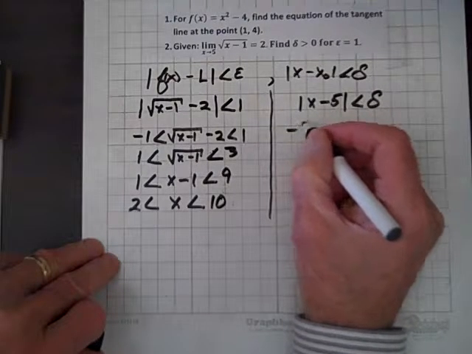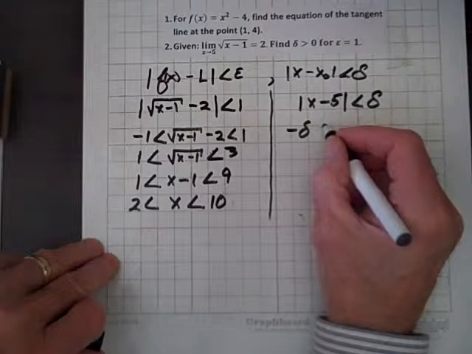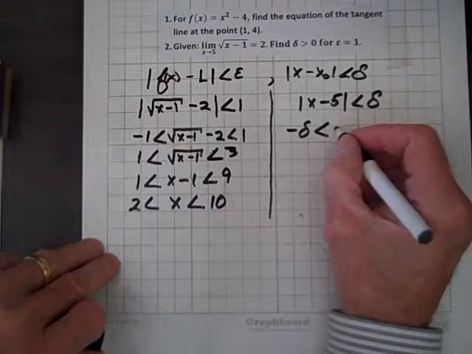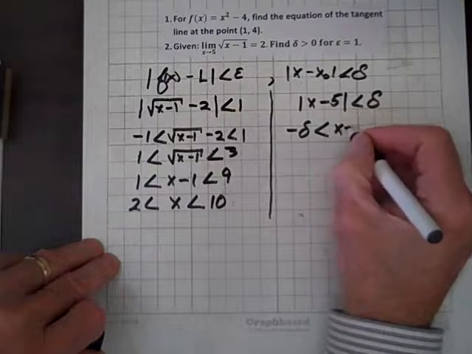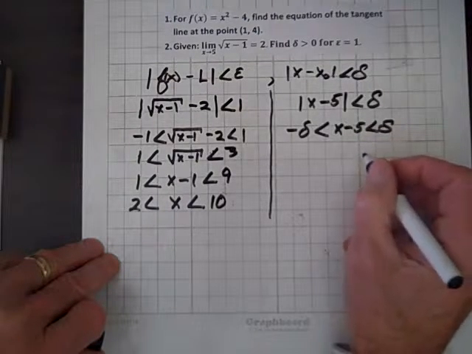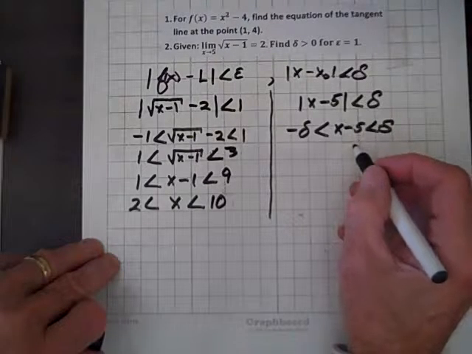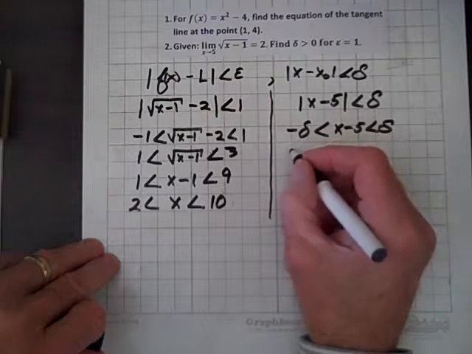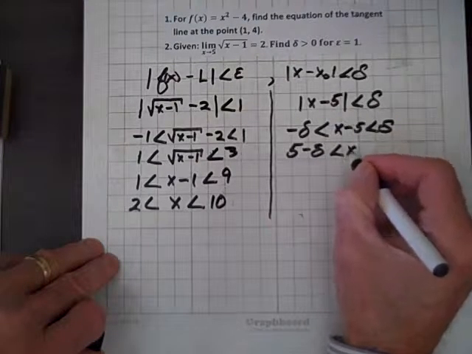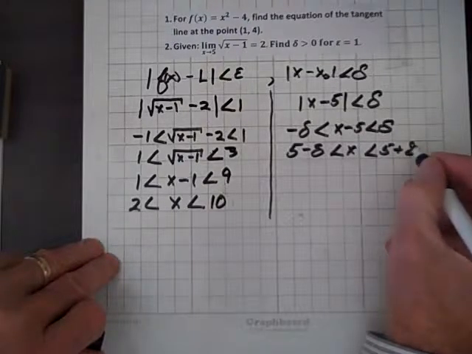To do so, we'll add a negative delta to the left, install an inequality: negative delta is less than x minus 5, which is less than delta. Now we have to isolate x here, so we'll add 5 to each interval. So 5 minus delta is less than x, which is less than 5 plus delta.